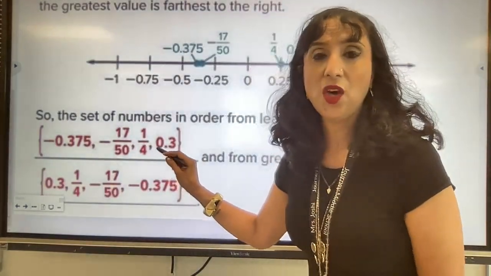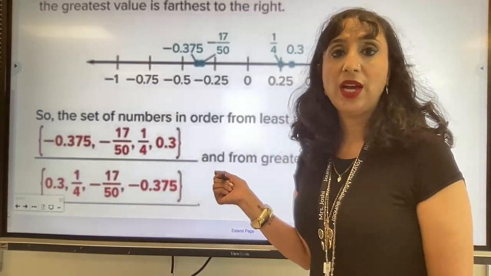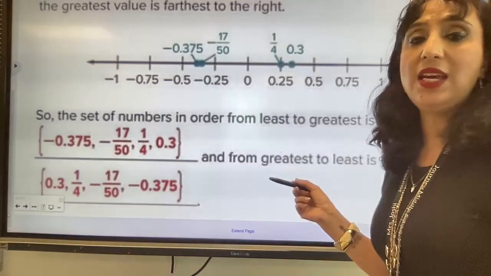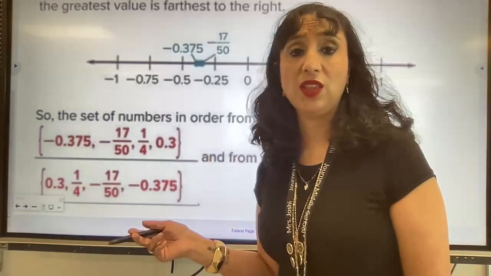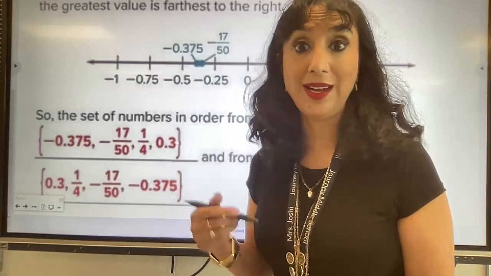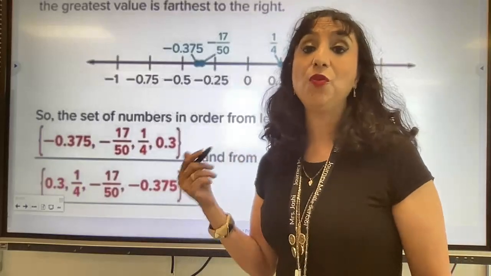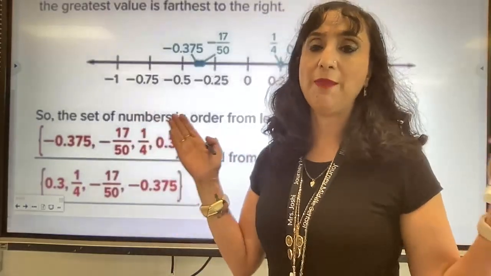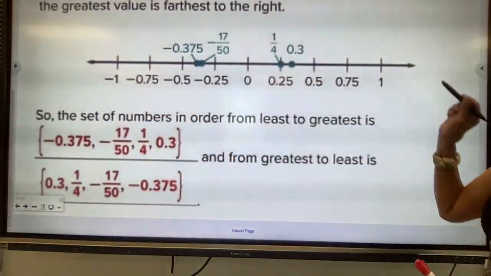All right, so the integer to the right of it is going to be 1. Okay, and then I see negative 0.375 or negative 17/50. That means all of these are not less than, but greater than negative 1 as the integer. So the two boundaries that I'm looking at are negative 1 and 1.